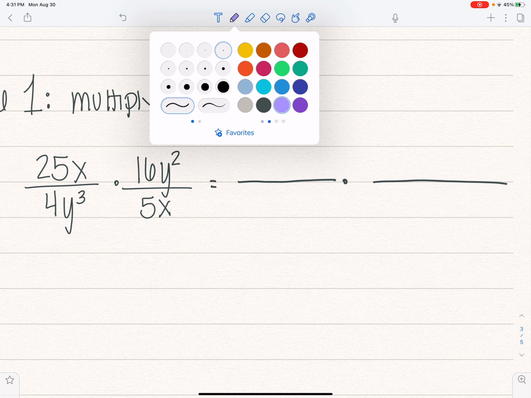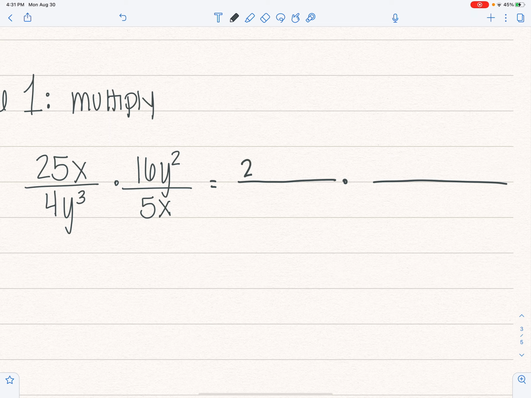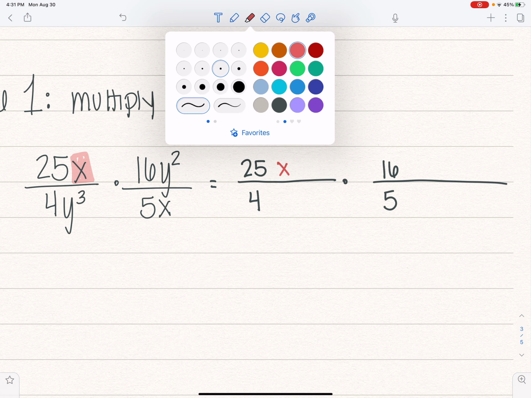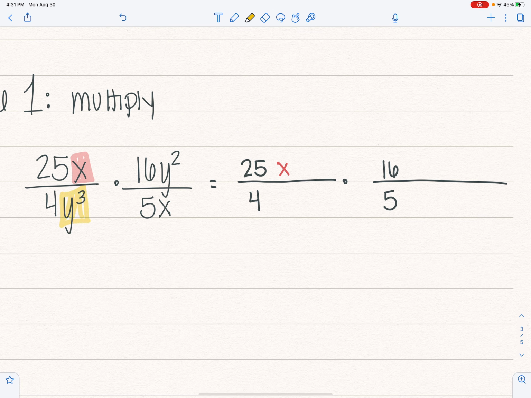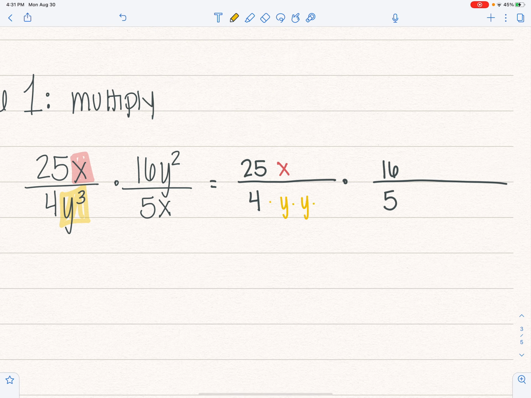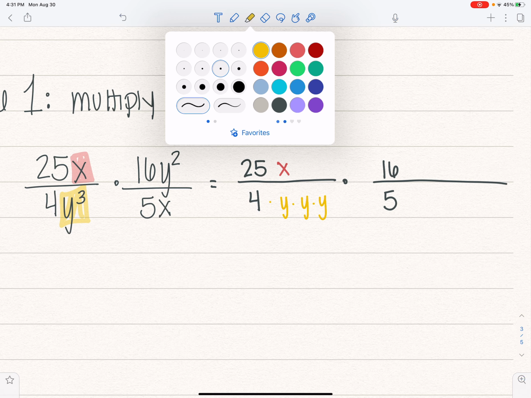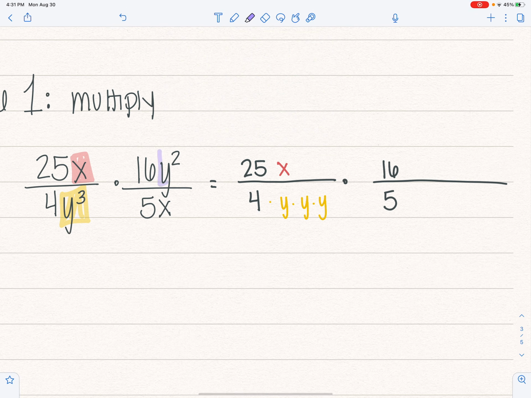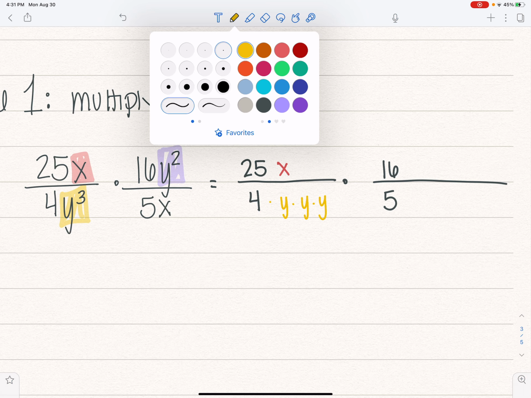So 25, I'm just going to leave all my numbers like so, because we're going to simplify those later on in the next step. X, because it's just x to the 1 power, is going to stay the same. Y to the third is going to be rewritten as y times y times y. Y squared is going to be written as y times y.